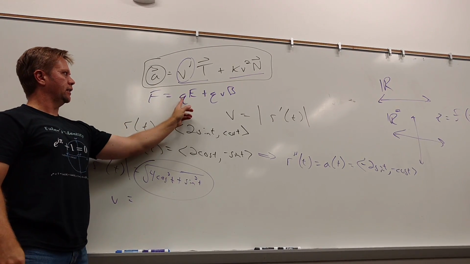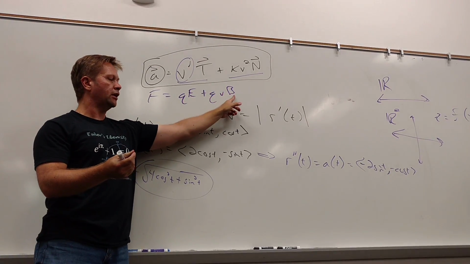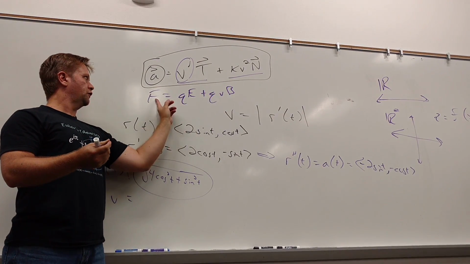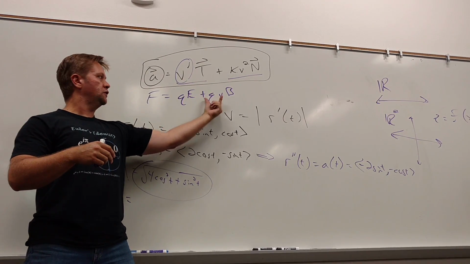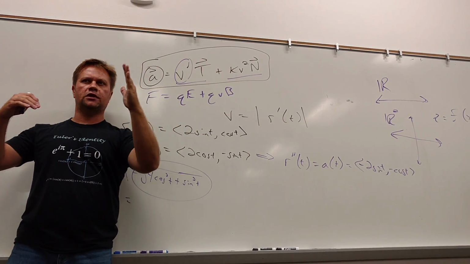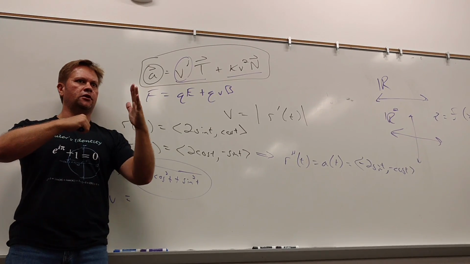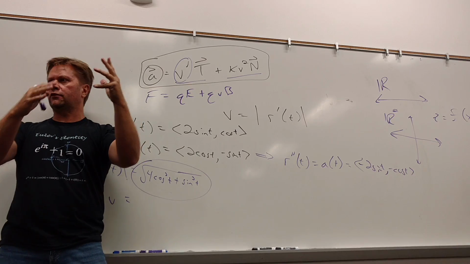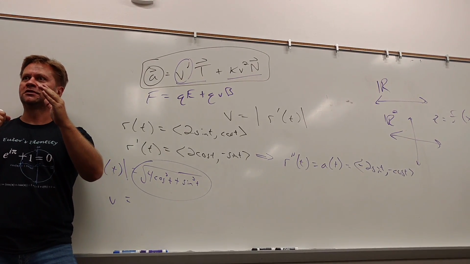If you put an electric charge into an electric field and a magnetic field, the force it experiences is equal to this. Now you can break this down into how it moves. Who's taking physics? Can the magnetic field change the speed of a particle?